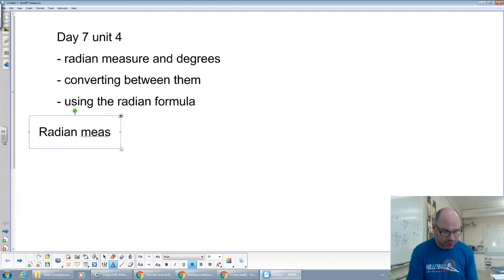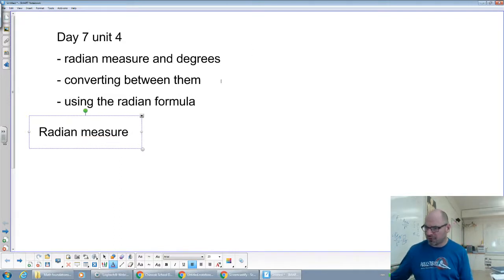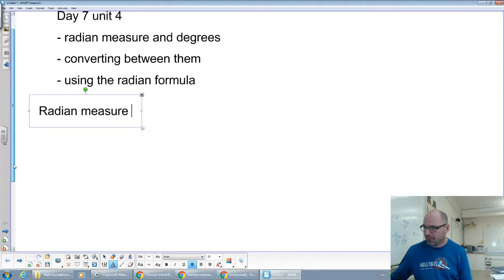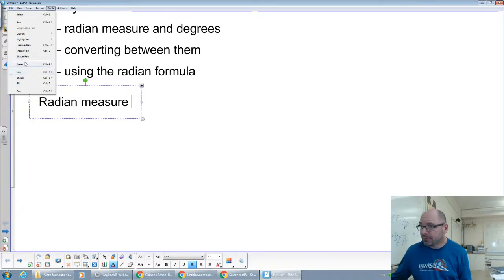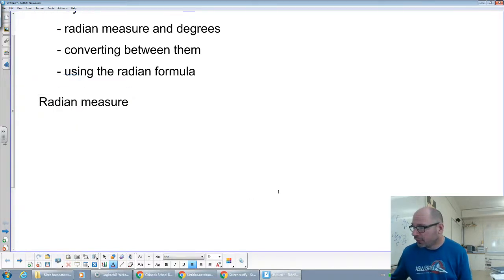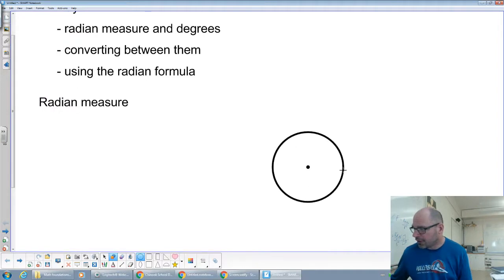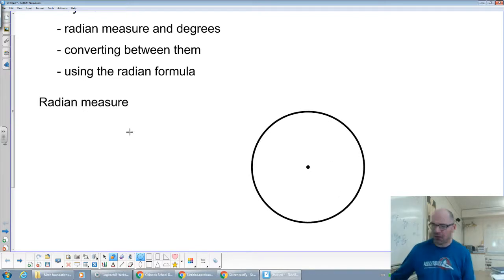Okay, so radian measure is a measure of an angle in a circle. So if we have a circle of some particular radius, we'll draw a circle here. Get a little dot there for our center. We draw a bit of a circle there. And along here, if we subtend 2 radii, I will just use straight lines here.